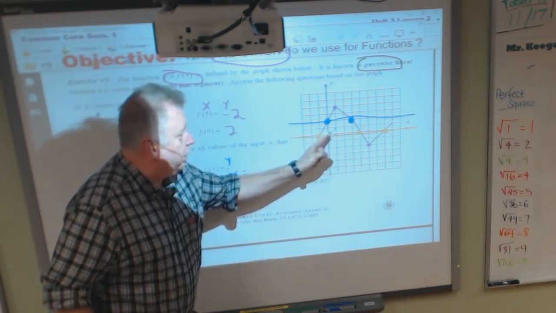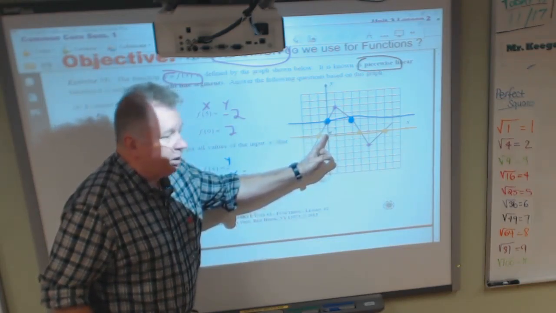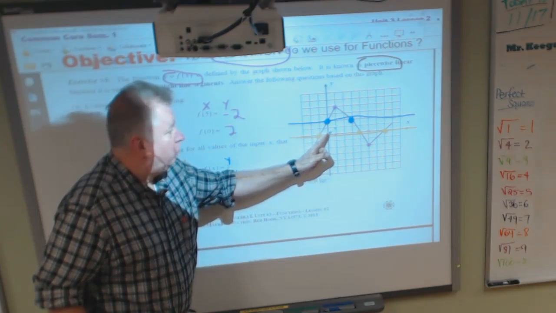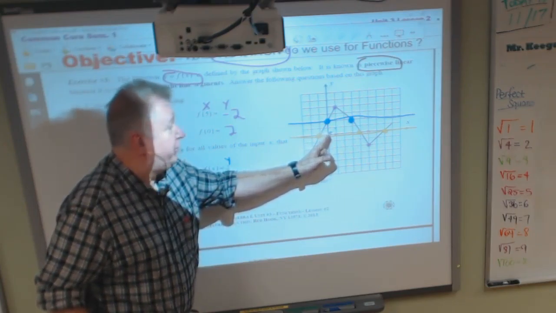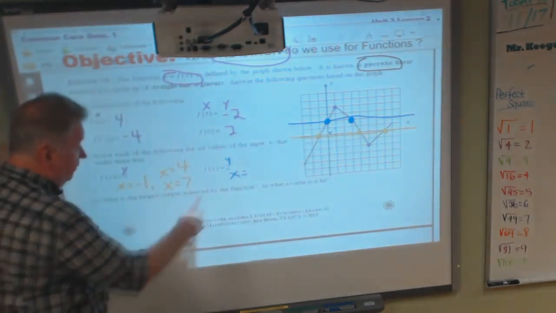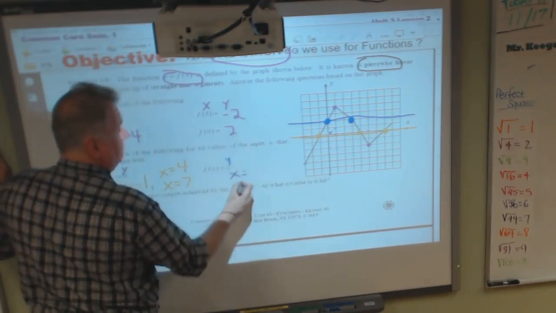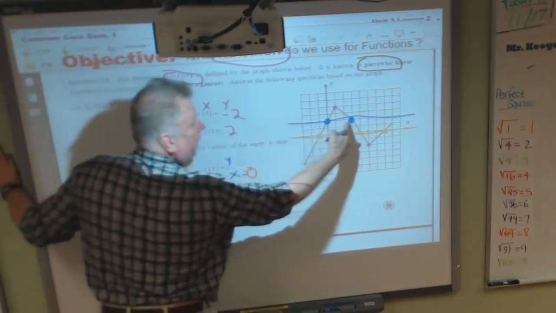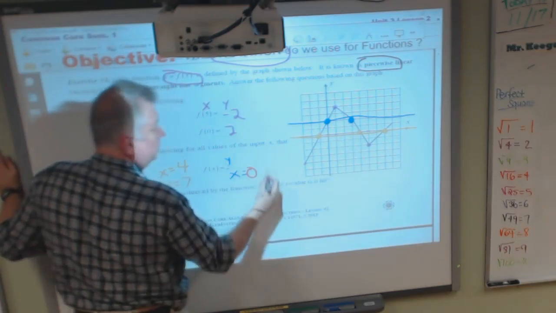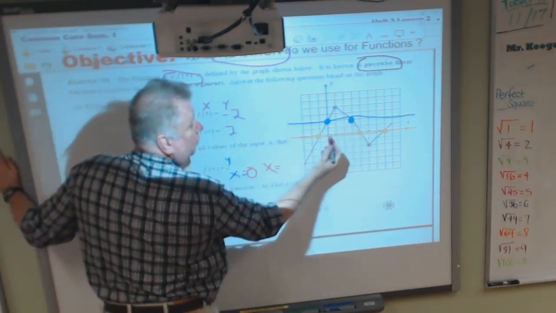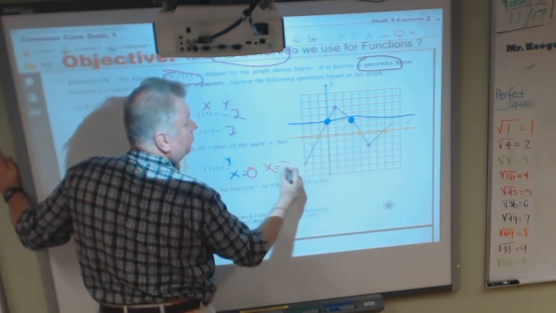So for me to get from here to here, how much to the right or the left am I going? None. How do we say none in math? Zero. X equals 0. And what's the value of x right there? That's 1, 2, 3. 3.